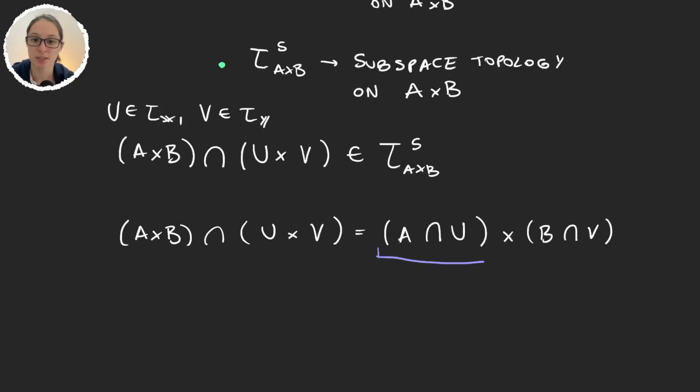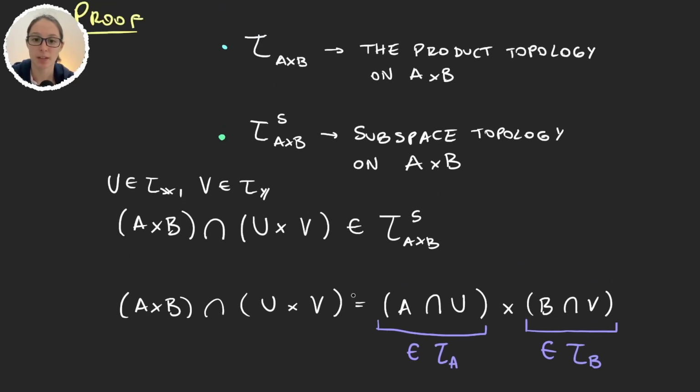So this is an element in tau A. And the same for B intersection V. V is an open set in the Y topology. Then B intersection V is going to be an open set in the subspace topology of B. And so because this is an equality, then immediately we get from this an equality in there.